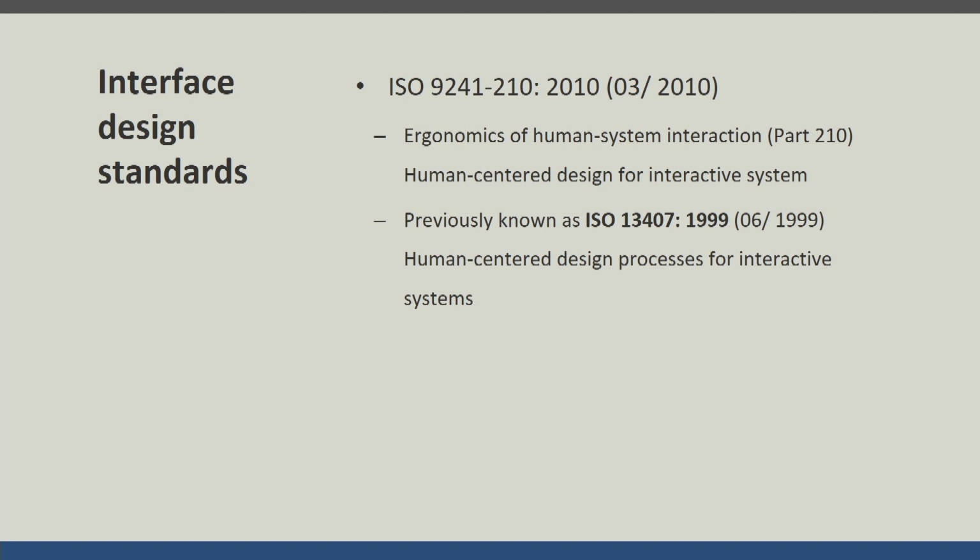Okay. So let us look into the first example in the standards category. We have the standard known as ISO 9241-210:2010. It was adopted in March 2010. And the standard says ergonomics of human system interaction, and it is part 210. Whatever is there after the hyphen is the part.